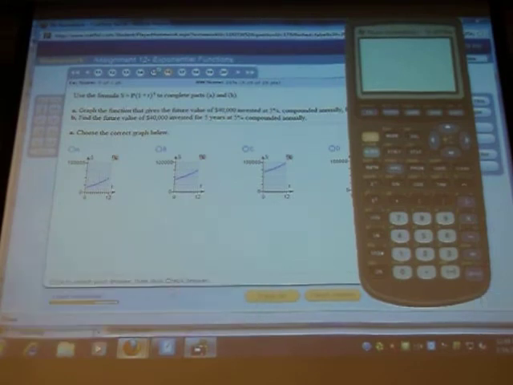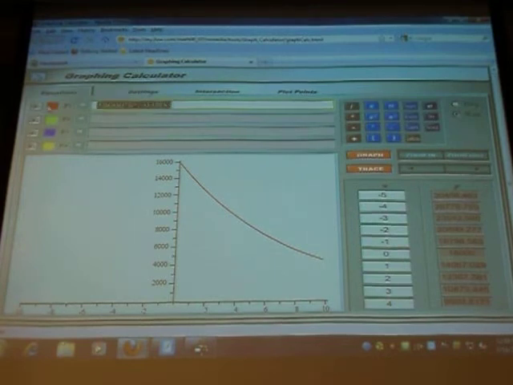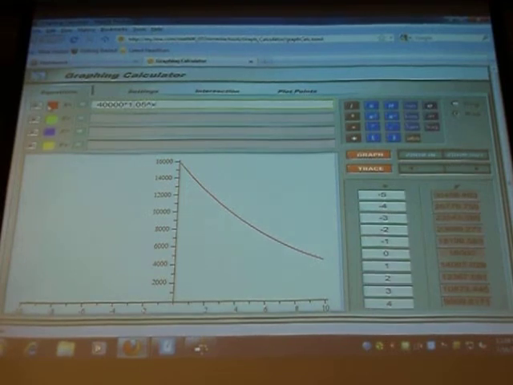So if I want to graph it, I'm going to do 40,000 times 1.05 raised to the, not the t power, it doesn't understand t, you have to tell it the x power.